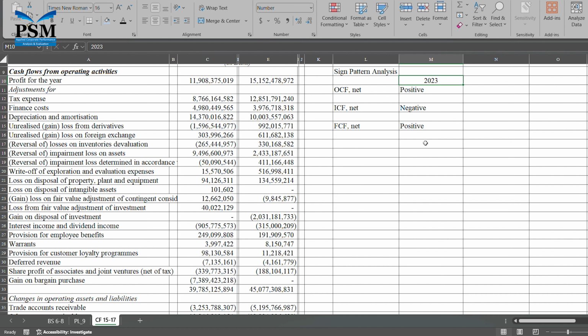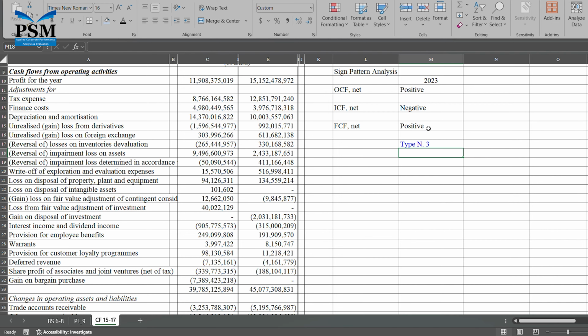When you compare it to the table in the presentation, we conclude that this company is type number 3, a type 3 company. What does that mean? A type 3 company is a company with a profitable business. It generates positive cash flow from its business, but it's also a growing company, and the amount of money needed to finance the investments or the growth is more than the amount of money generated internally.